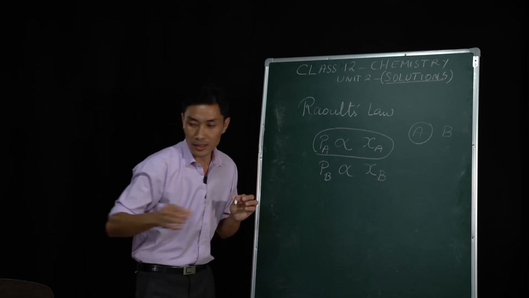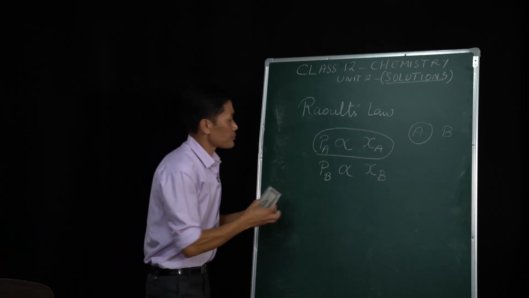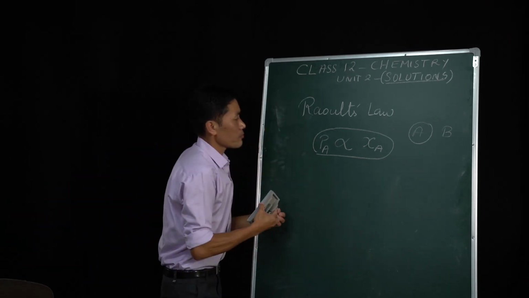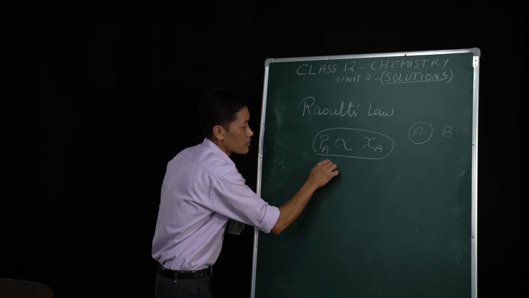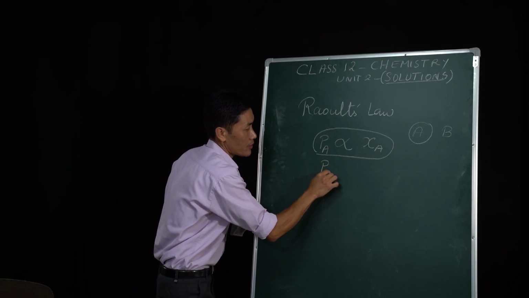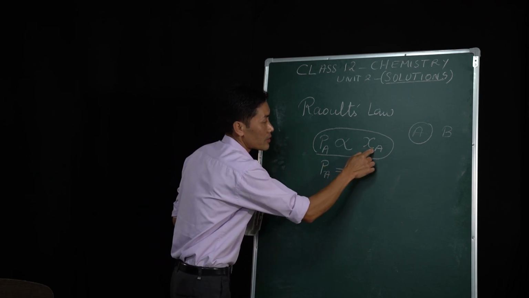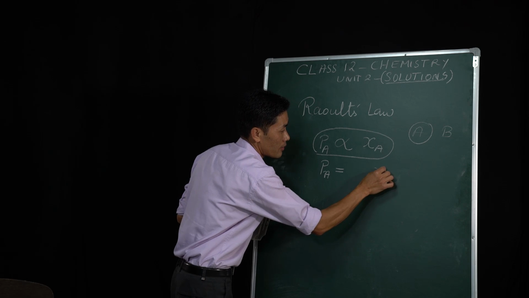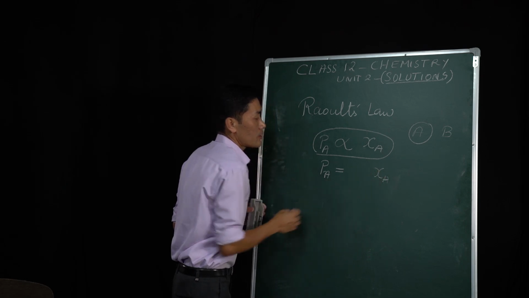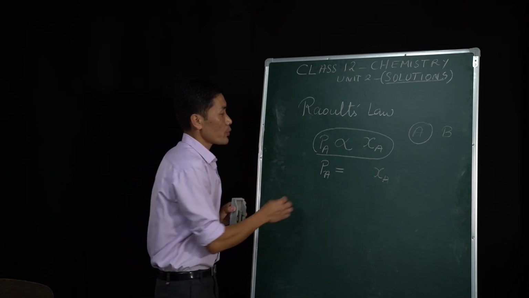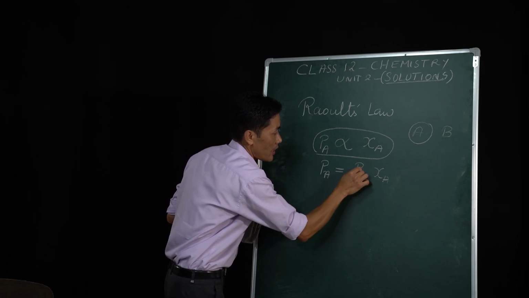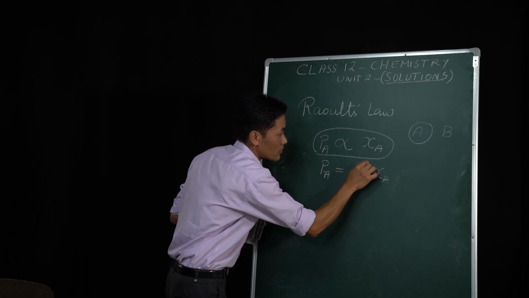So the partial pressure of A will be equal to a constant multiplied by this mole fraction XA. In this case, we will write PA naught.